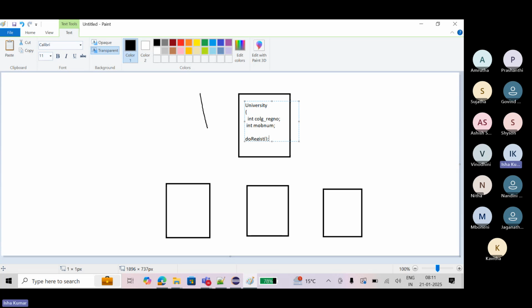So it is having the behavior do registration. It is having another behavior, let's say, access course.